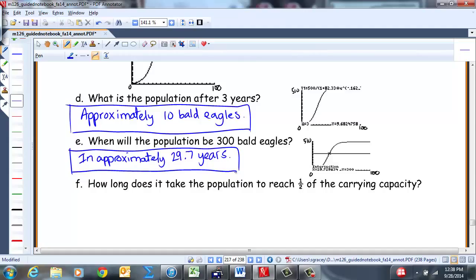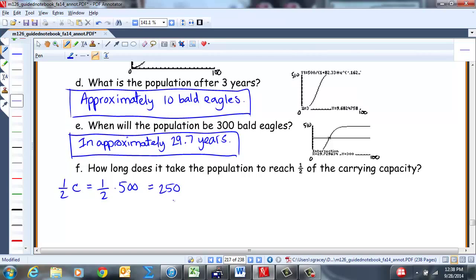All right, so how long does it take the population to reach half of the carrying capacity? Half of C is half of 500, because that was our carrying capacity, which is 250. So what other information is this going to give us?